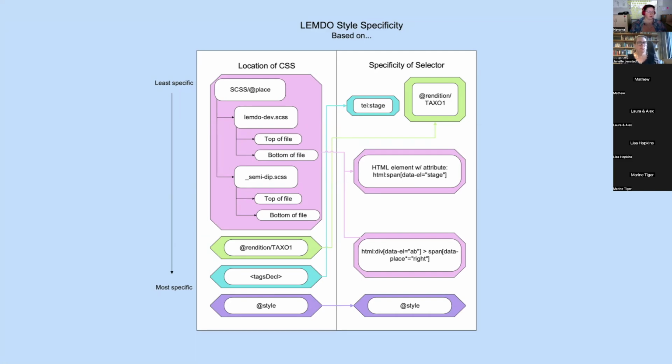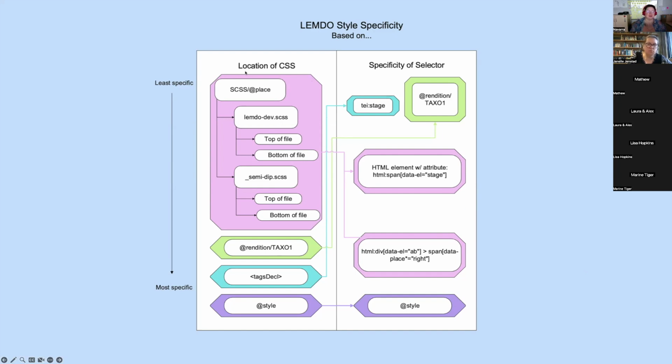At our last style webinar, we talked a little bit about how the cascade of CSS means we can override our style, which is usually really helpful, but it can also cause some confusion and issues, especially with complex projects like LEMDO, because we've got a few things interacting with each other that we need to keep in mind. So I've whipped up this chart that explains how specificity at LEMDO works.